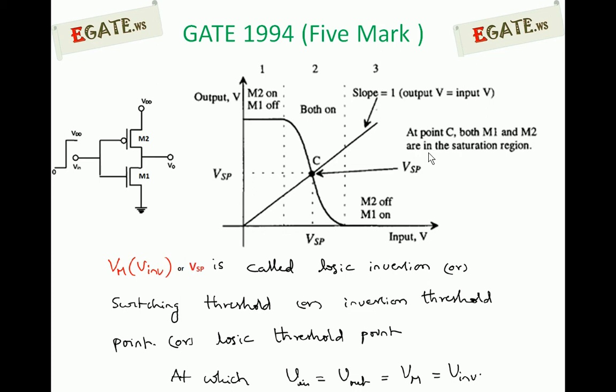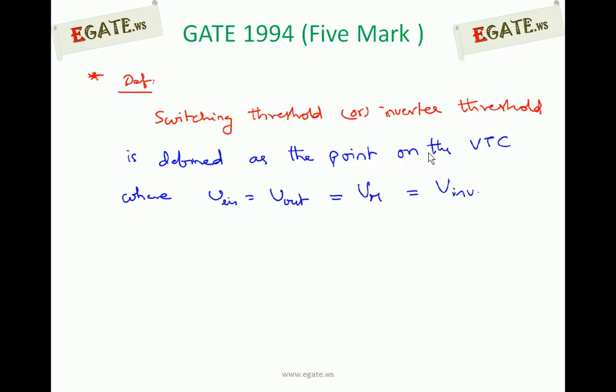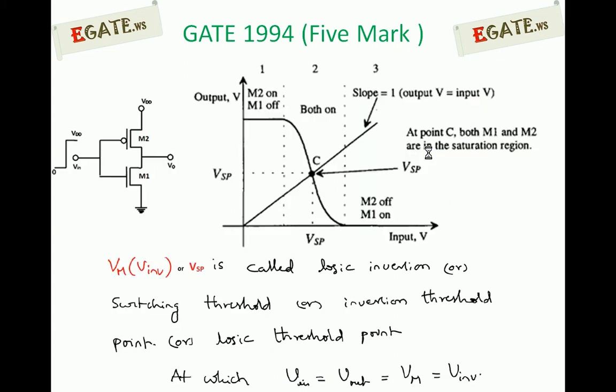Why is it called like this? Because exactly at that point V out is equal to V input. If the input voltage is slightly less than this, and you draw a vertical line, you will get the output voltage above VSP.